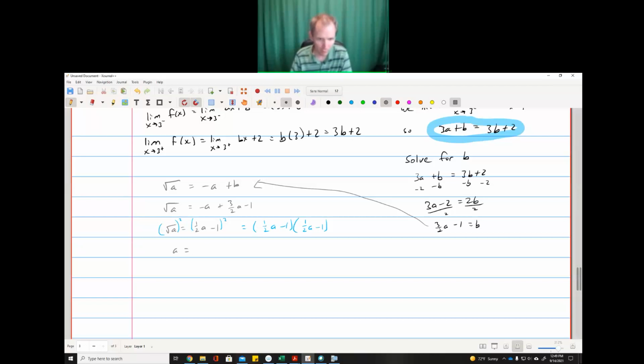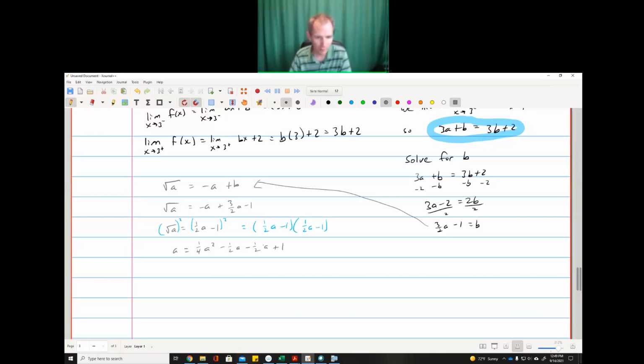On the right, when I FOIL it out, 1/2 a times 1/2 a is 1/4 a squared, okay, minus 1/2 a minus another half a, and then negative 1 times negative 1 is positive 1. Okay, so now I'm going to group some like terms.